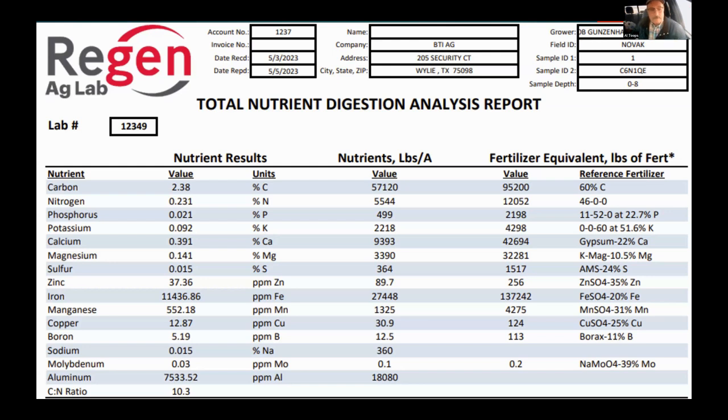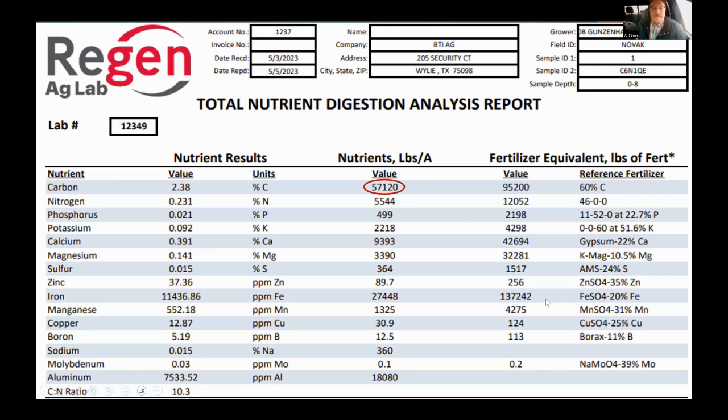total nutrient report. What we look at here is what the levels of total nutrients are, from carbon all the way into zinc. I like to look at the carbon nitrogen ratio. And then on this side over here, if you were to ask for a total nutrient, you'll get an equivalency. It tells you that you have 5,500 pounds of nitrogen in the case, and you've got 12,000 pounds of urea.